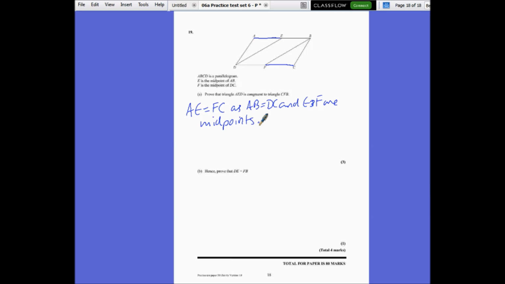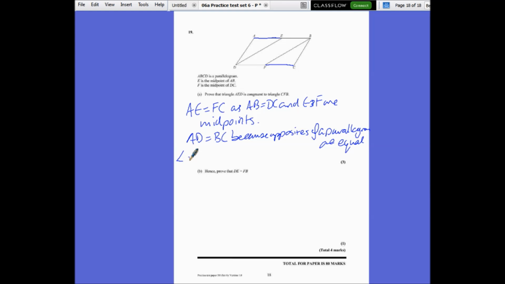Next thing I'm going to say is that AD equals BC, again because opposite sides of a parallelogram are equal. I know it seems obvious, but you've got to write these reasons down.